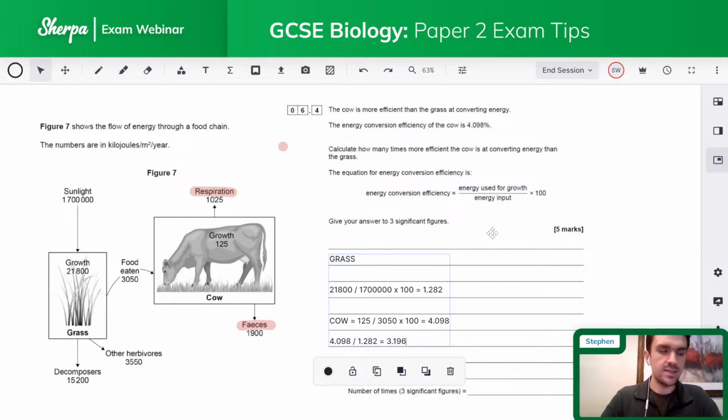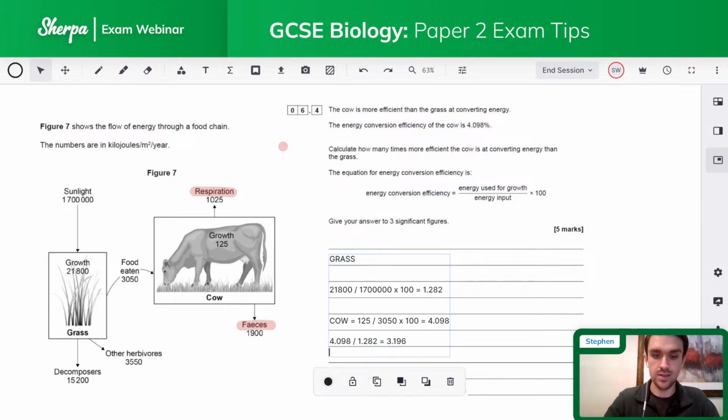What that means is that you need to have 3 figures here instead of 4, which means you need to round up your answer. So our answer to 3 significant figures is 3.20. 3 significant figures: a 3, a 2, and a 0. Okay, so zeros are significant. So we could put in there 3.20.